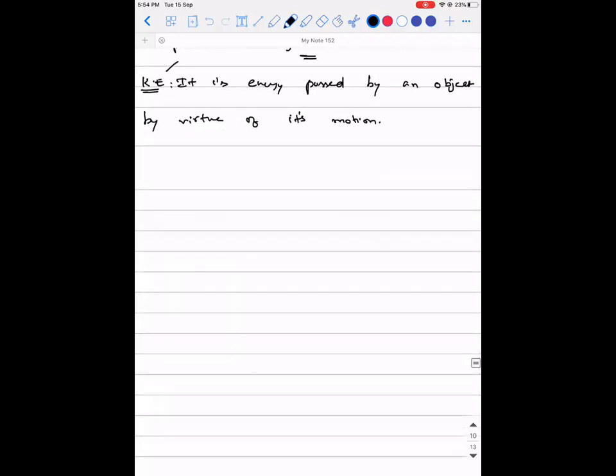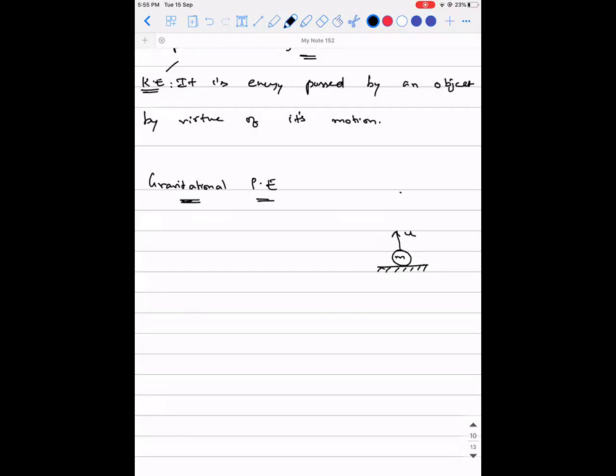Now, write down the heading as gravitational potential energy. So you have an object of mass m, which is projected upwards with a velocity u.